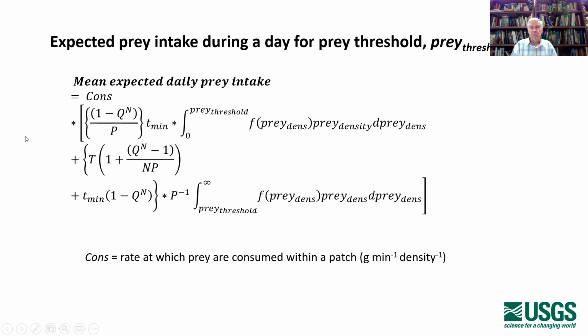So it's visited a number of patches, and it's obtained energy in those patches, and that's given by this expression. The bottom expression is the energy that it obtains once it has reached a patch above its threshold. It's the energy that it takes in at that point from that patch.